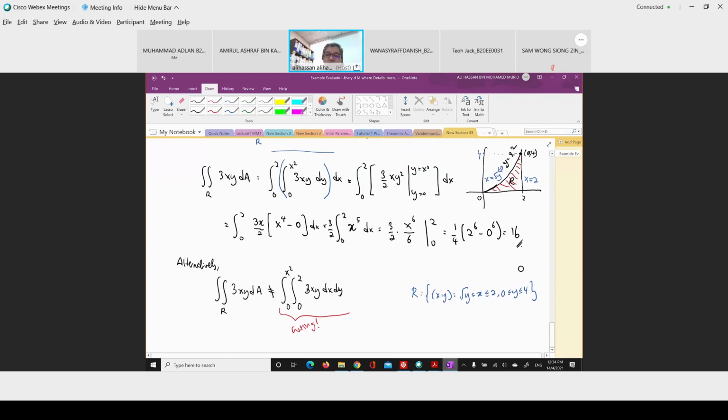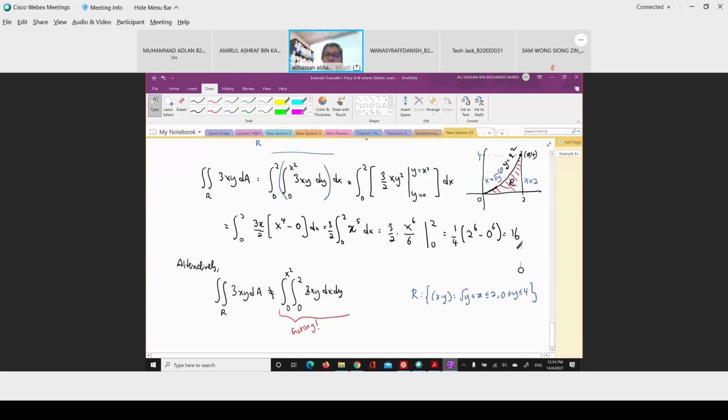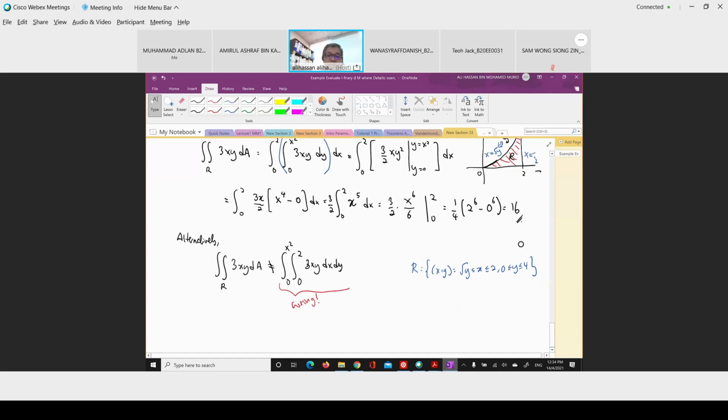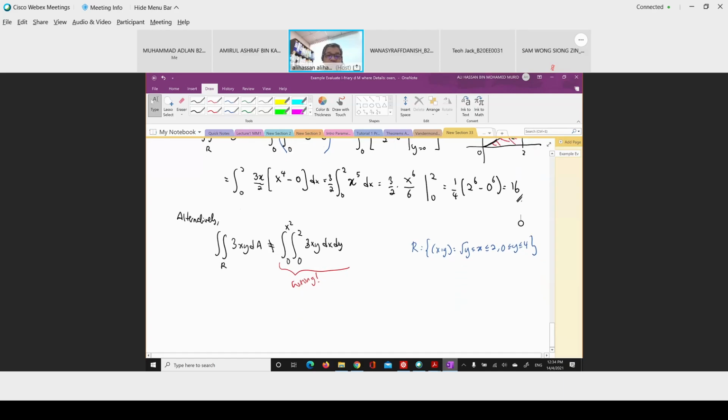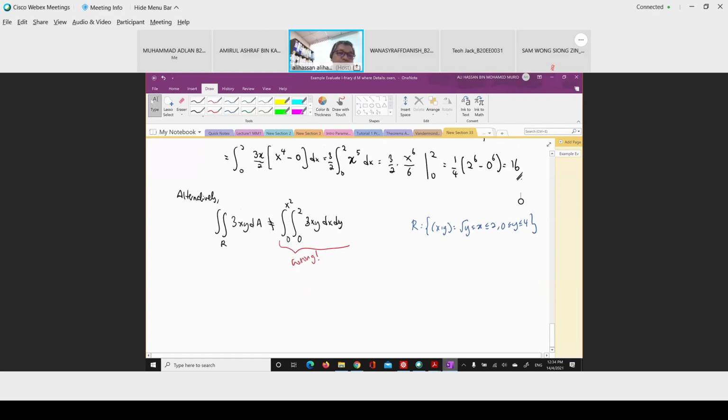The same region R can also be represented as all points (x, y), where x is bounded on the left by square root y and bounded on the right by 2, while y is bounded by the numbers 0 and 4. So it is possible to evaluate the double integral using the order dx dy, but using this new representation of R. Okay.